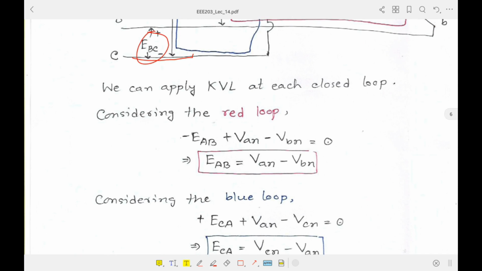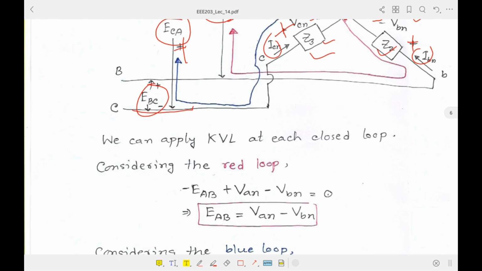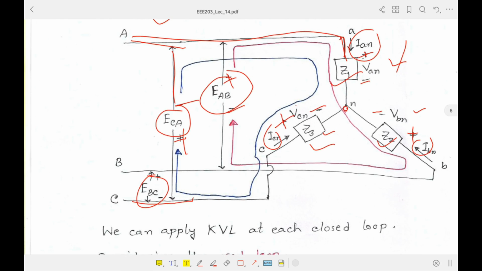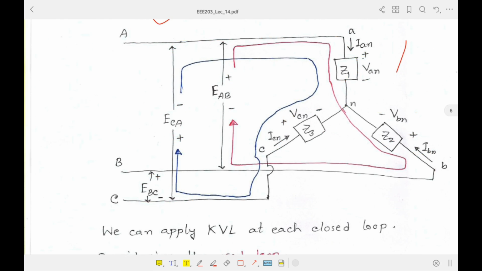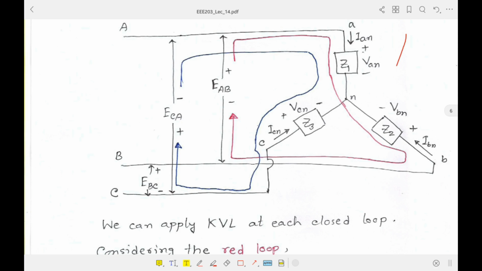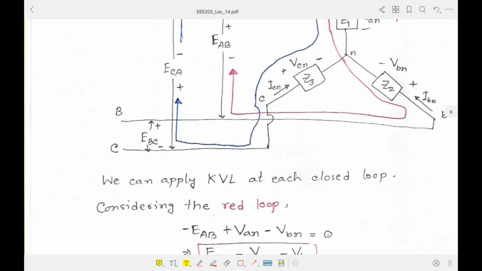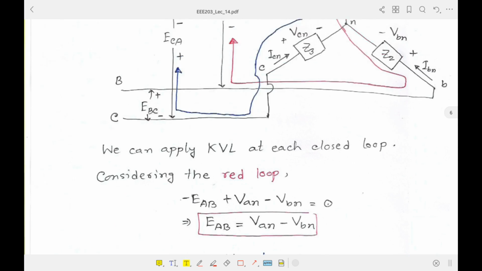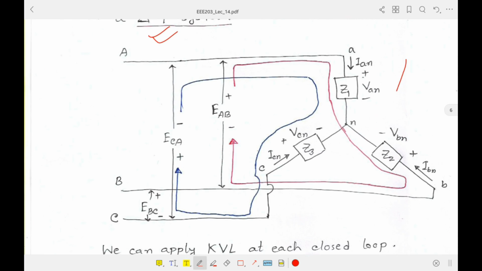Now apply the KVL. So this is not new. Whenever we have derived the expression of relation between the phase voltages and line voltages, we have already used this sort of formula. So here a loop is formed. If you consider this red loop and apply Kirchhoff's voltage law, then this should be minus EAB, plus VAN, minus VBN.